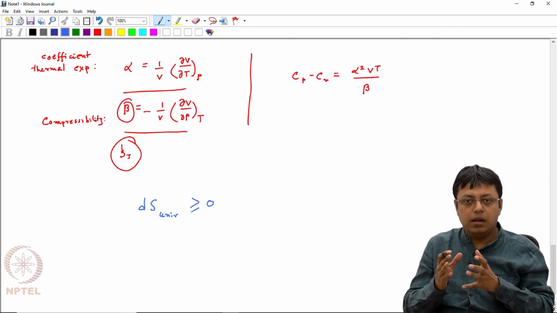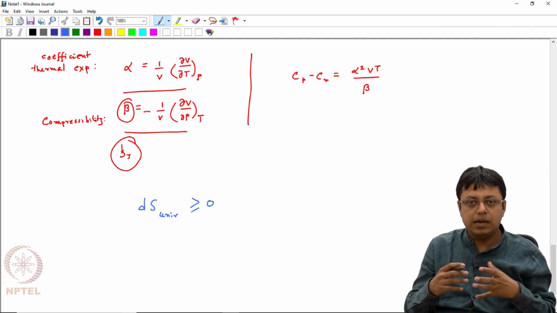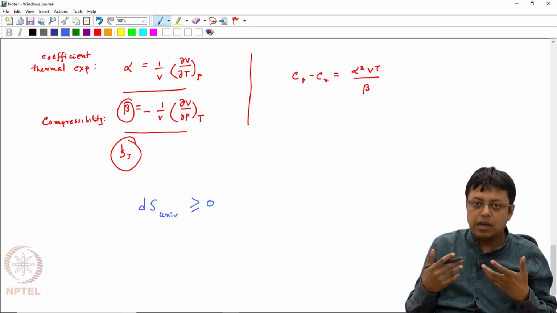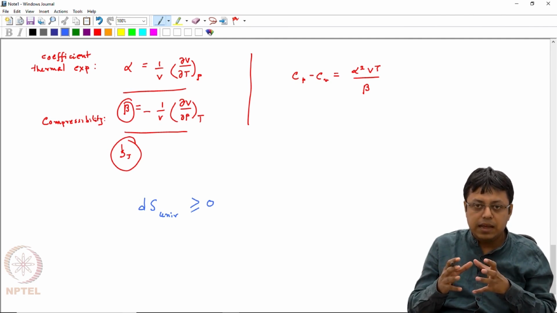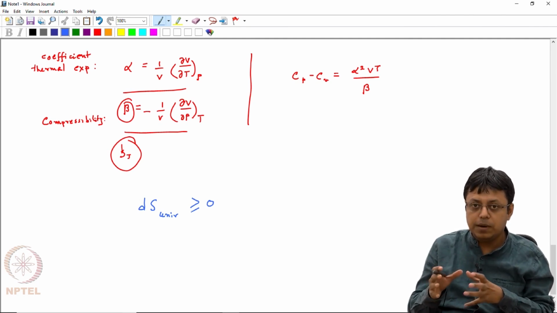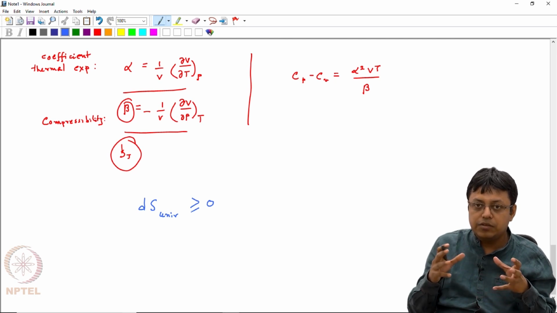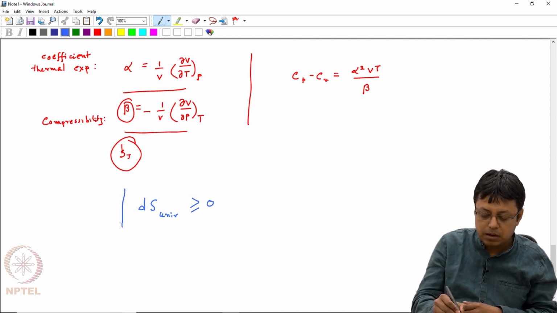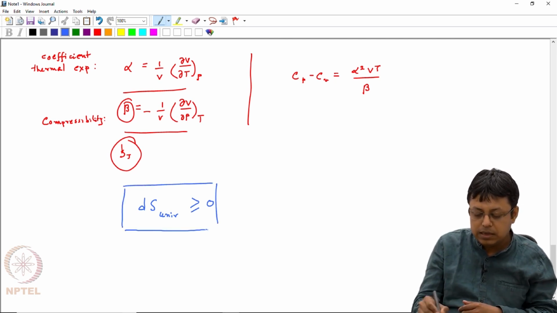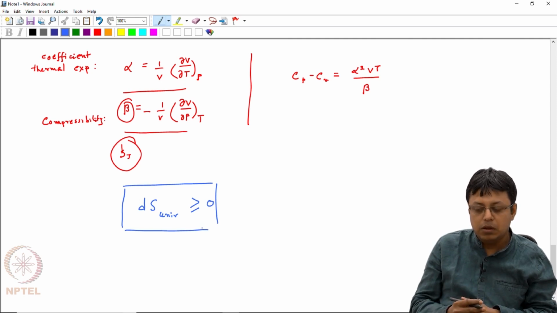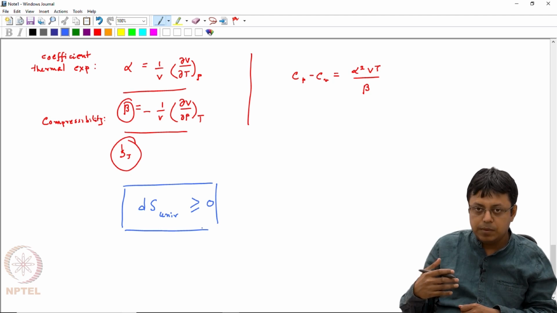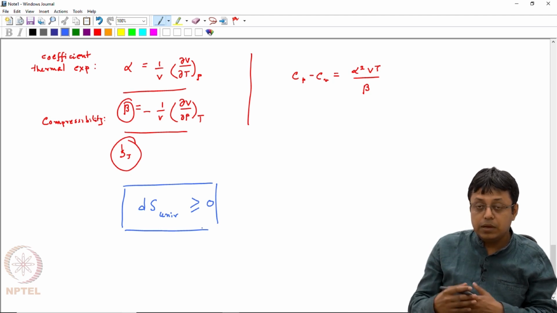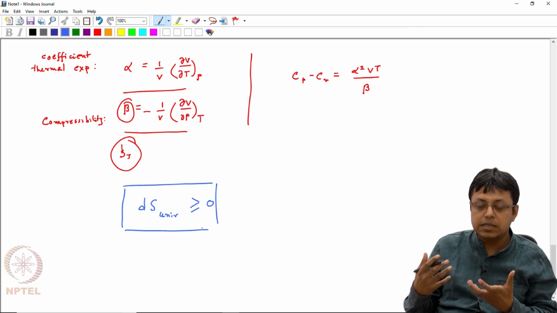So let us find other quantities for the system: if we can trace this fundamental requirement that dS universe must be greater than or equal to 0 for a spontaneous or reversible process, can we get a useful relationship which is a property of the system itself?